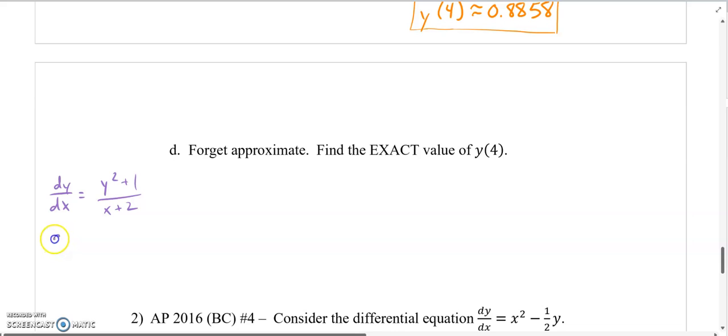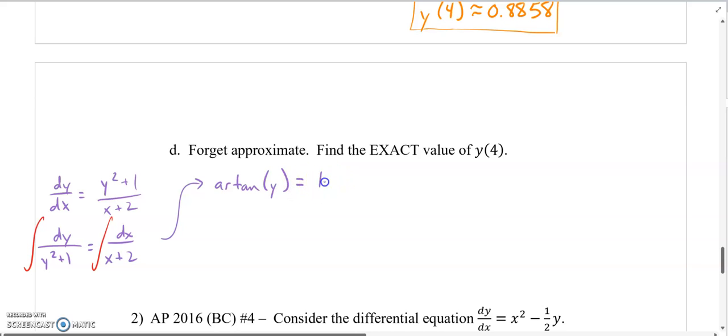Separate the variables by dividing both sides by y squared plus 1, multiplying both sides by dx, and remembering how to anti-differentiate. So these are not inverse power rule problems. These are not even U substitution problems. This one on the left is just the arctan of y. The one on the right is just the natural log of the absolute value of x plus 2.